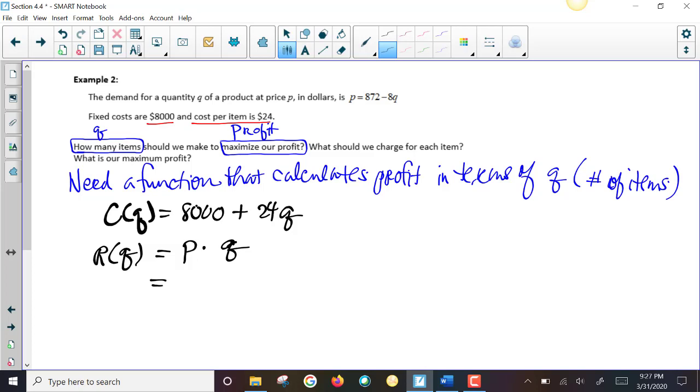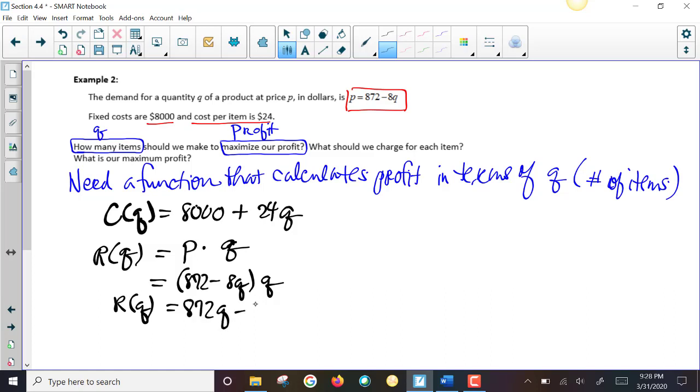So we know the selling price in terms of Q is 872 minus 8Q, and quantity is Q. So we've got a revenue function based on Q, which is (872 − 8Q)Q.